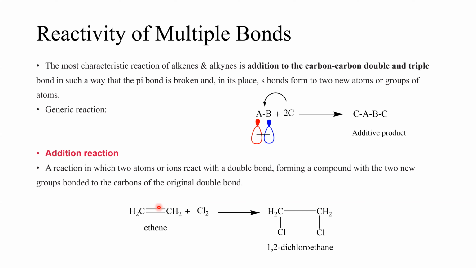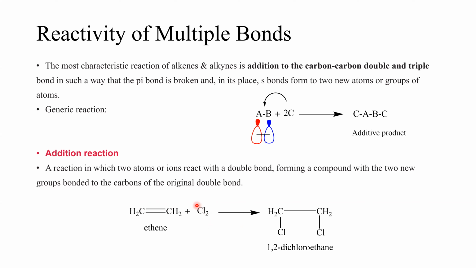So here the pi bond will break, and there will be one electron on this carbon and one electron on this carbon, and the Cl-Cl bond will also break, in radical formation. So this is called the homolytic cleavage, right? I will explain that later. What is happening is that this Cl will make a bond with the carbon.